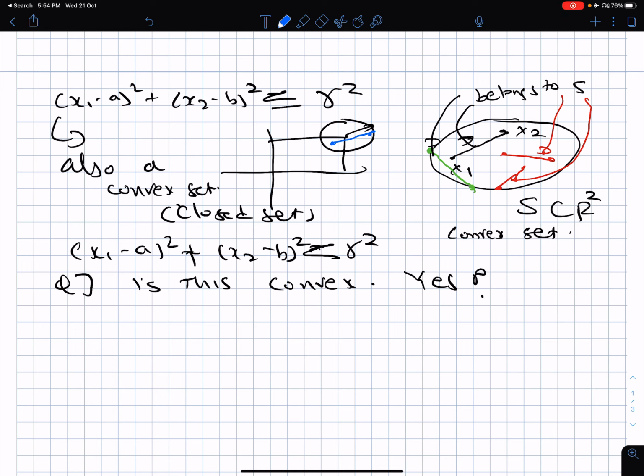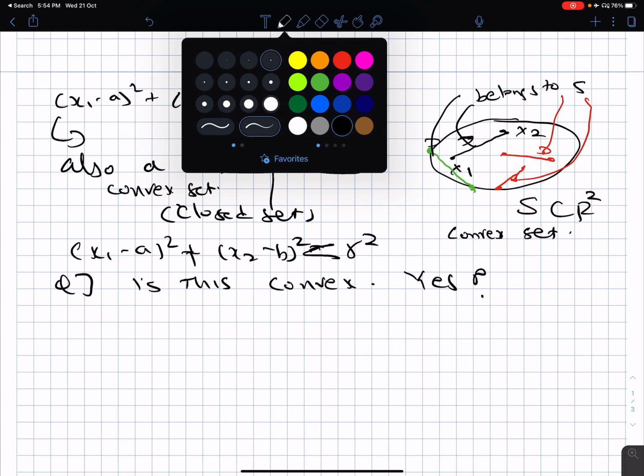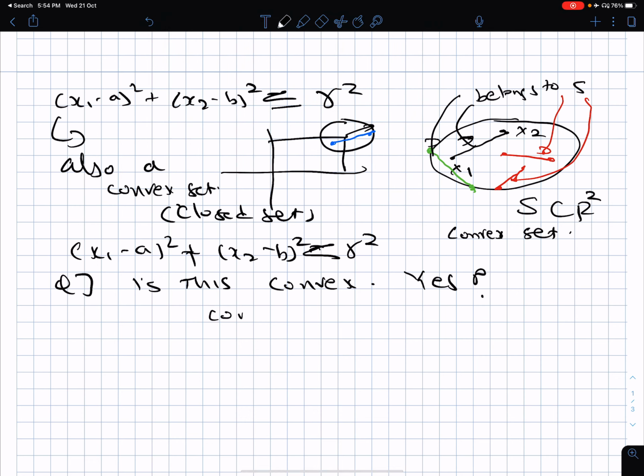And so therefore, it is a convex set. So the point is, a convex set could be closed or it could be open. There is no problem. Both are possible. We are not going to worry about this particular thing.